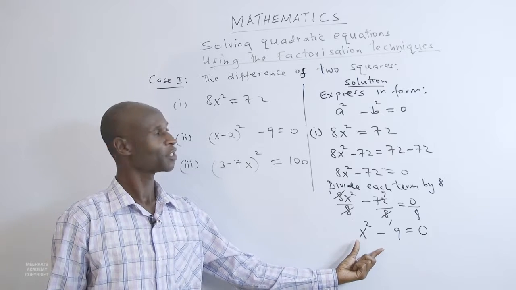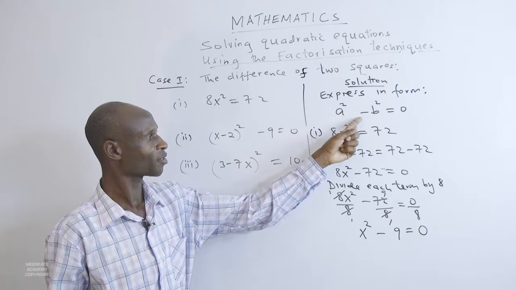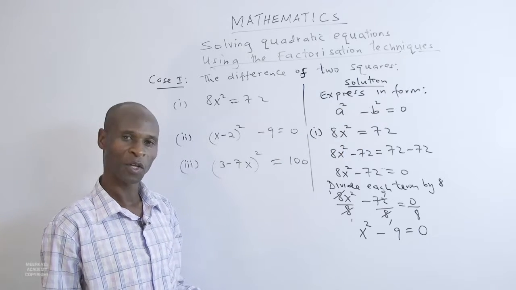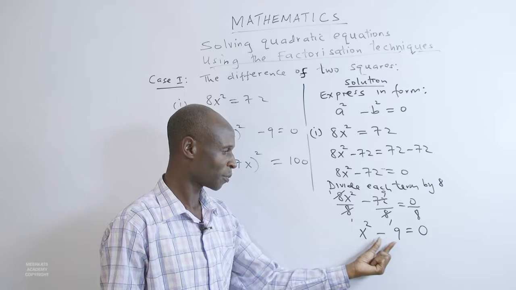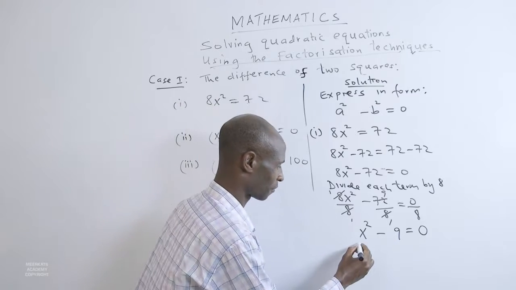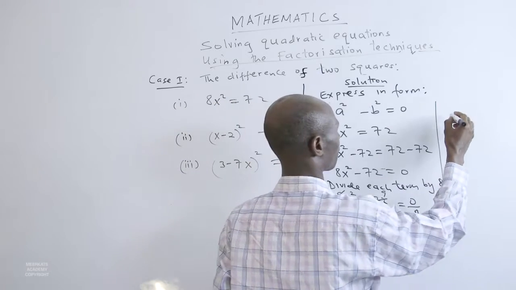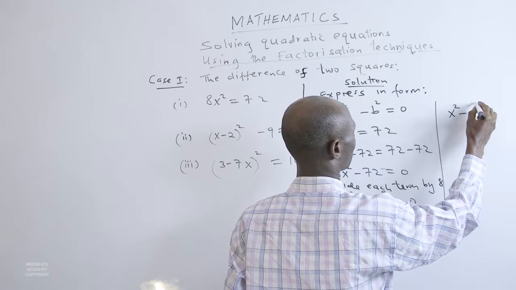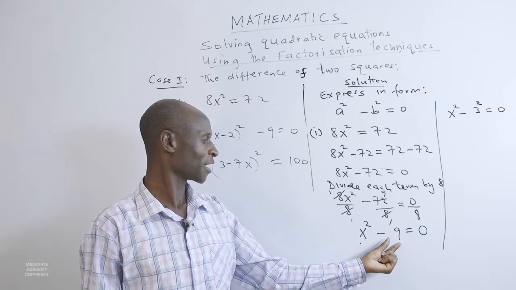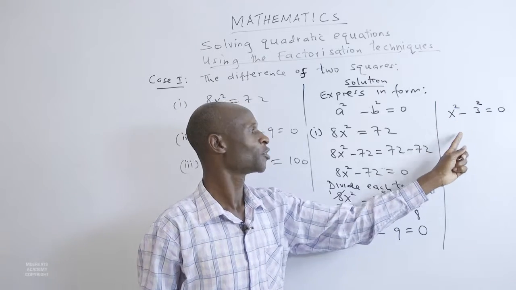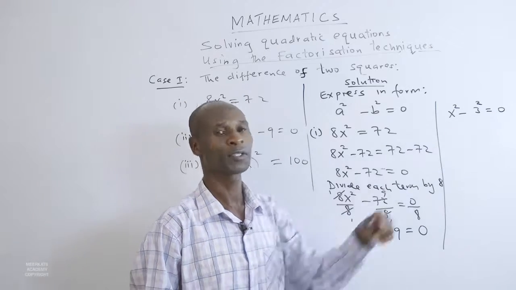So at this point, the equation is in the form a squared minus b squared is equal to 0. We can even go further and express 9. If we express 9, we discover that it is 3 squared. So our equation is x squared minus 3 squared is equal to 0.